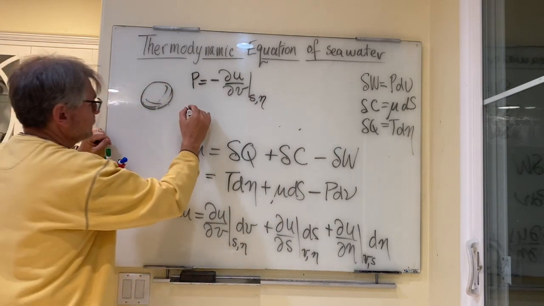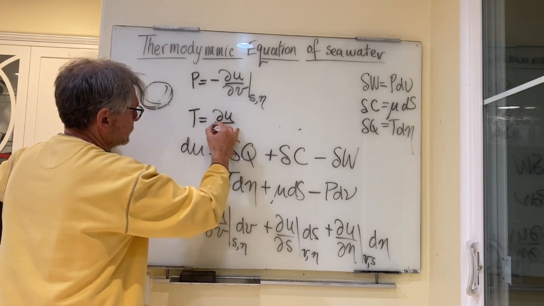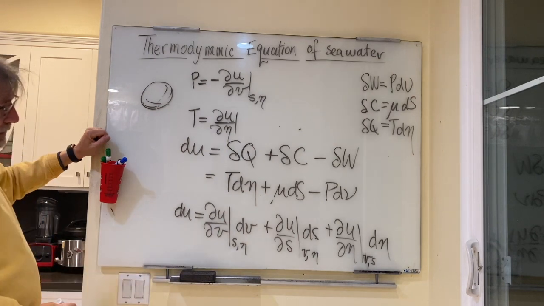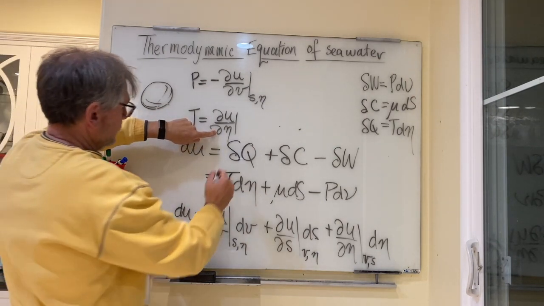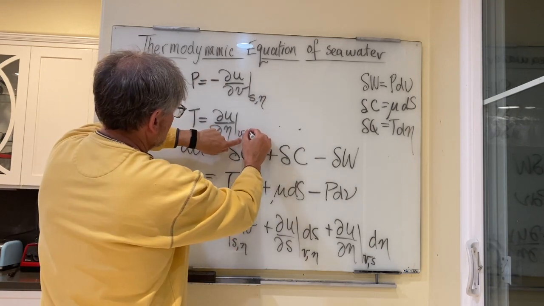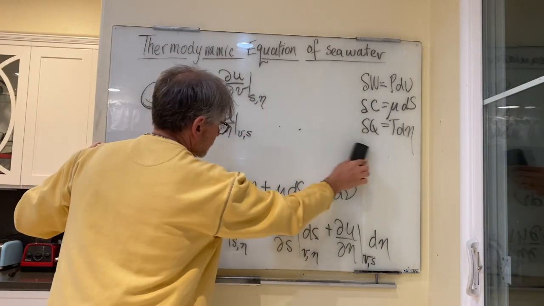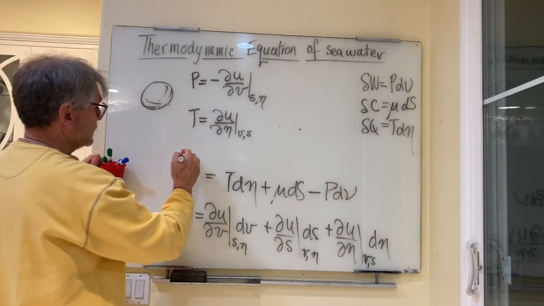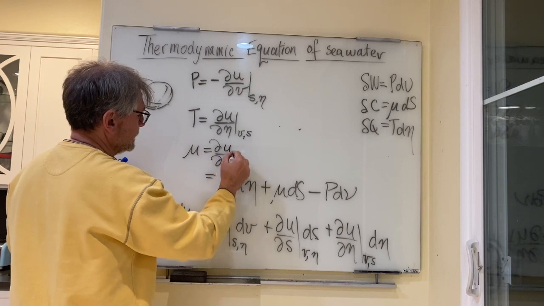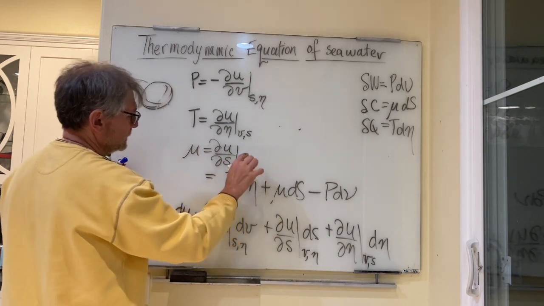The temperature, T, is partial U, partial eta, the derivative of the internal energy with respect to entropy, at specific volume fixed and salinity fixed. And the last one is the chemical potential, mu, is partial U, partial salinity, holding the specific volume and the entropy fixed.